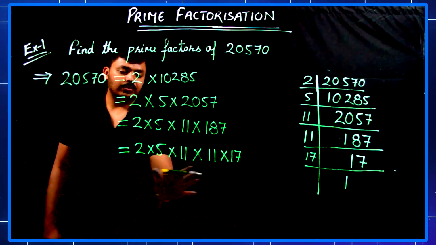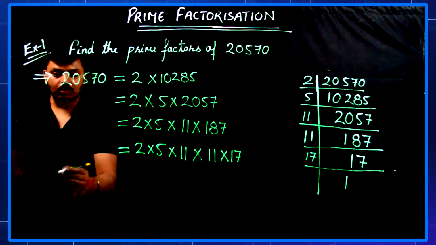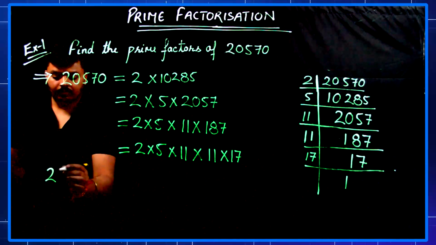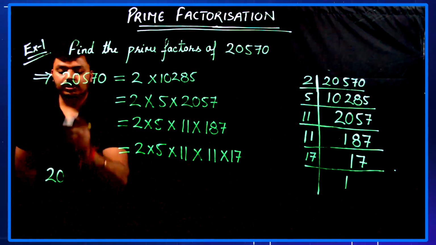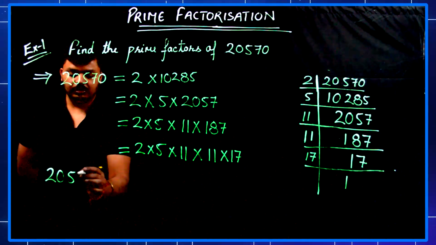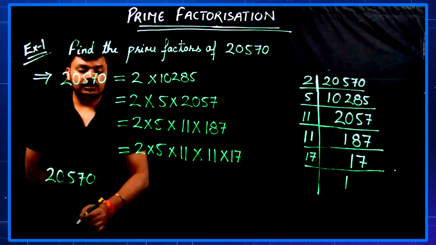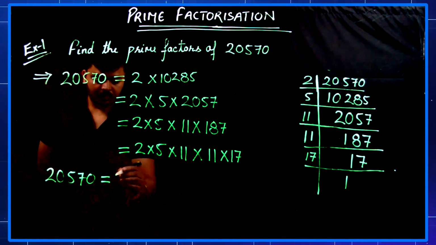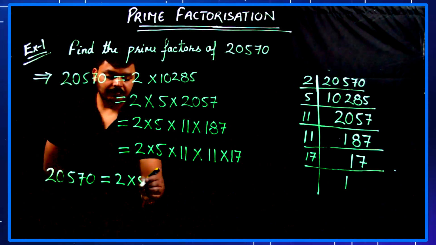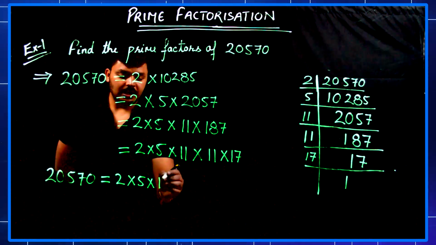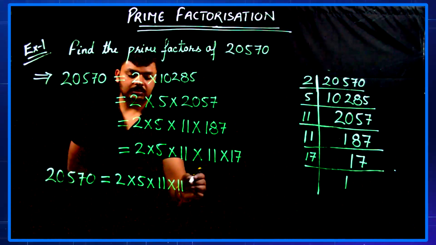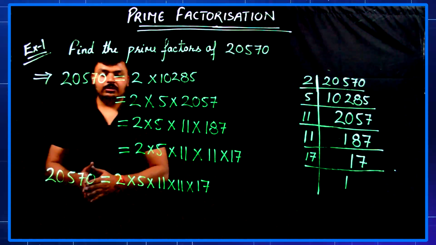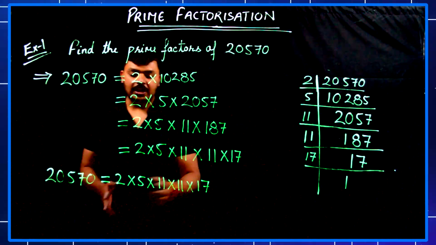So this is how we express 20,570 as the product of its prime factors, that is 2 into 5 into 11 into 11 into 17. So these are the prime factors of 20,570.